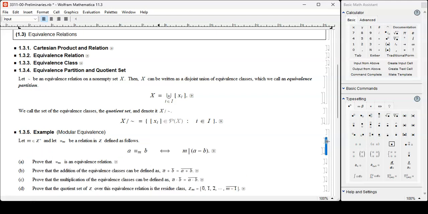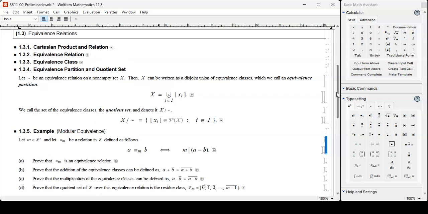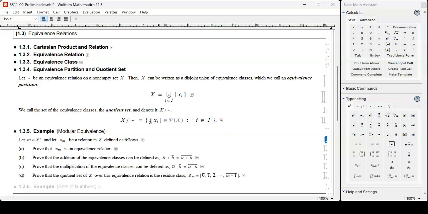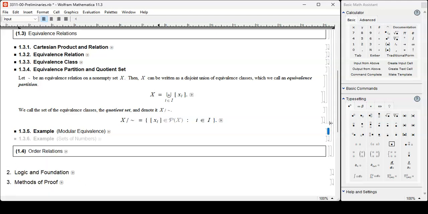I didn't write down all the definitions here, sorry about that. The bar notation is traditional for modulo equivalence or modulo congruence. Most of the time we use brackets, but there are cases where we use other notation for equivalence classes and quotient sets.